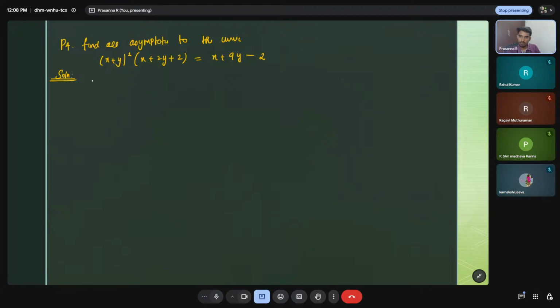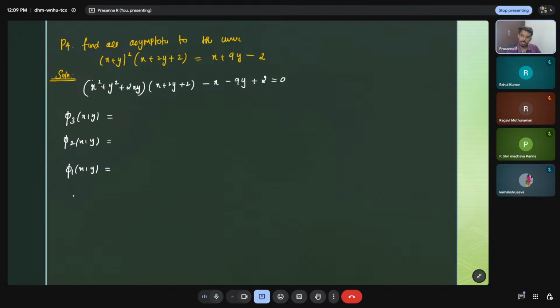So can I simplify this first? So this is x square plus y square plus 2xy, x plus 2y plus 2 minus x minus 9y plus 2 is equal to 0. So directly I will write phi 3 of x comma y, phi 2 of x comma y, phi 1 of x comma y, and then constant term phi naught of x comma y.